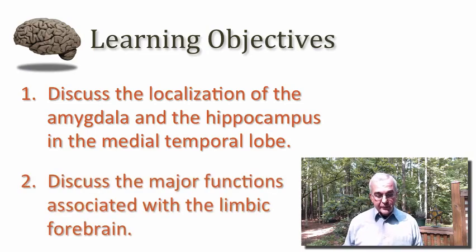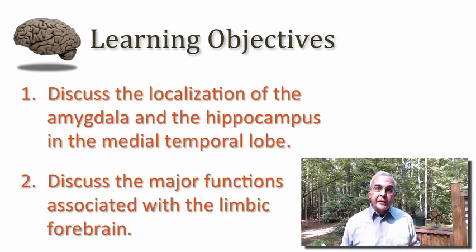My second objective for you is that I want you to be able to discuss the major functions of the limbic forebrain. Now, much of the content that pertains to this second learning objective is found in the tutorial notes that I've given you. It's one of those notes that's available in PDF format in narrative style rather than outline style.